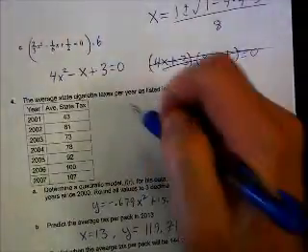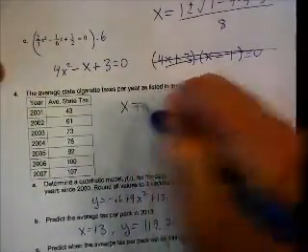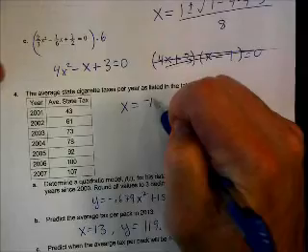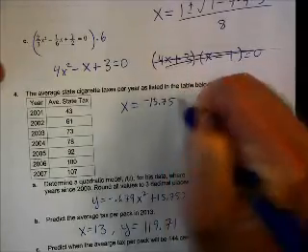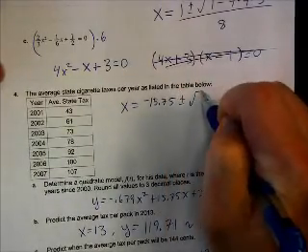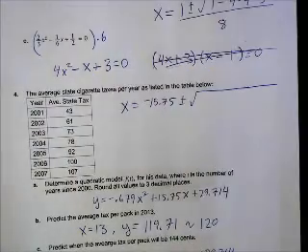So we're going to have x equals negative b, which is negative 15.75, plus and minus the square root of b squared.